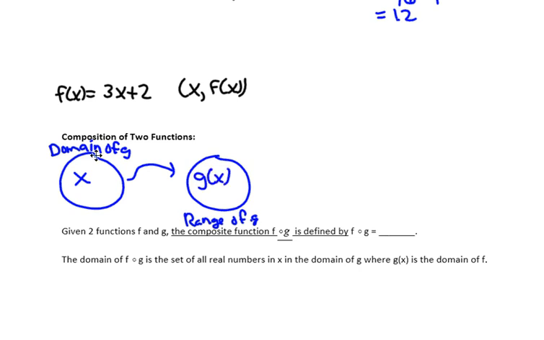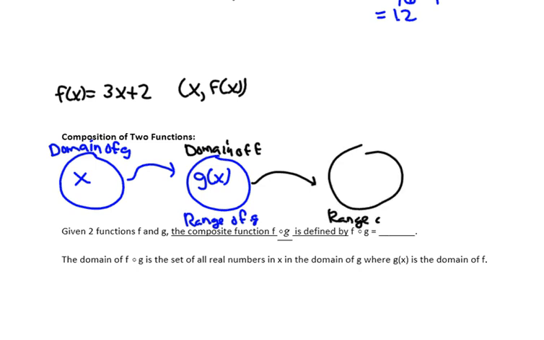Now, we're also going to call it the domain of f. So now the range of f is going to be f of g of x. Begin to see a pattern for this? We have just did the composition of two functions.